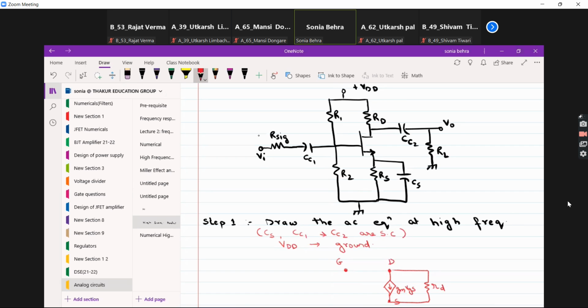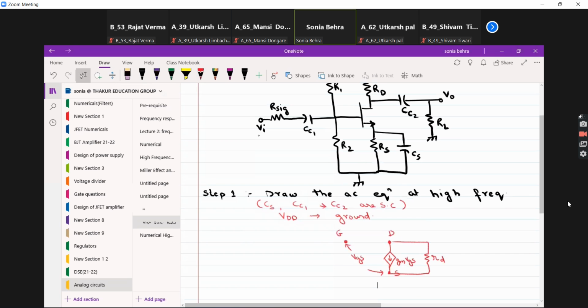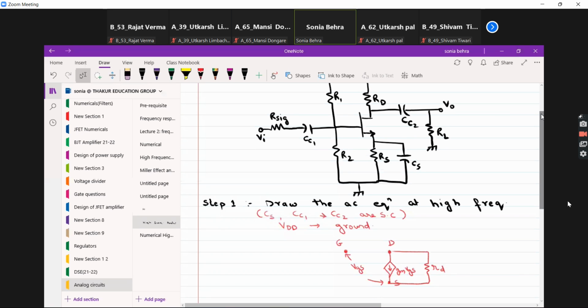And between gate and source, there is an open circuit. This is your equivalent of FET. I hope this equivalent is clear to you. FET का equivalent is just 3 terminals. Internally, how your FET looks for your AC supply.